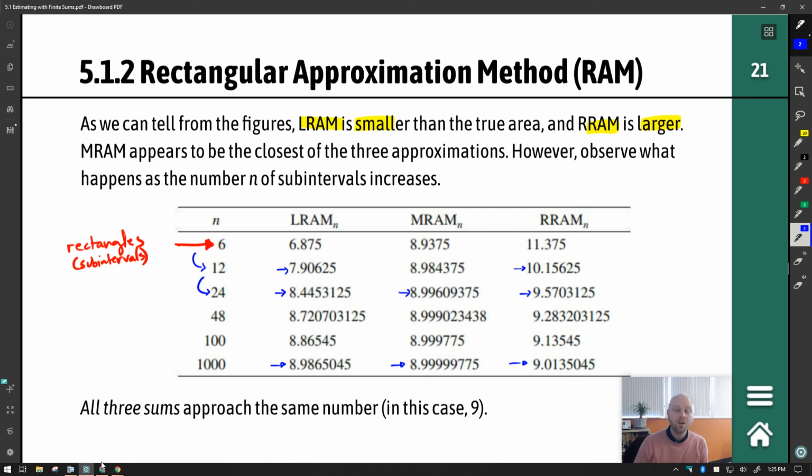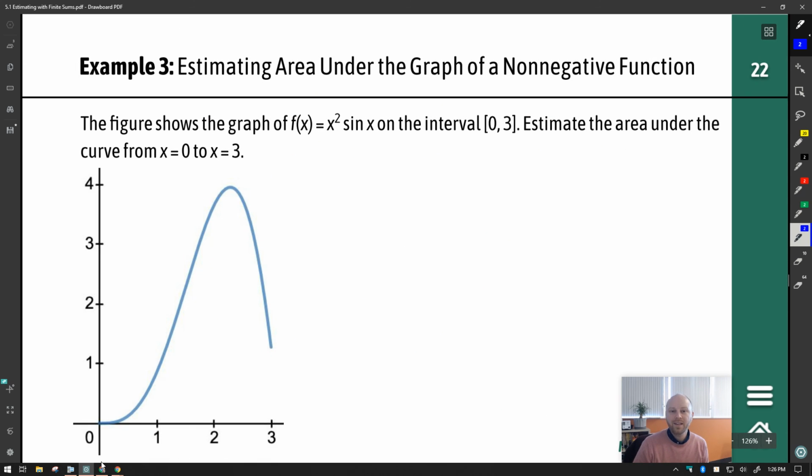Even though with a small number of rectangles, LRAM, RRAM, and MRAM might be quite different from one another, the more rectangles you have or subintervals you have, as you increase that number, all 3 of those rectangular approximation methods converge to the same number. And in this case, you can probably see it. They're converging toward 9. The actual area in this case is 9. So here's one more example, and I'm going to save that for a new video so we can stretch this out just a little bit.